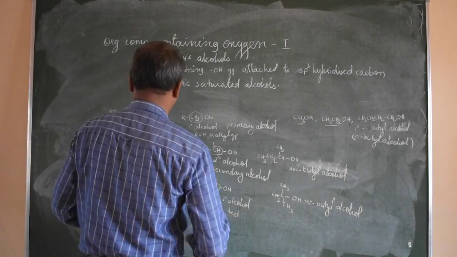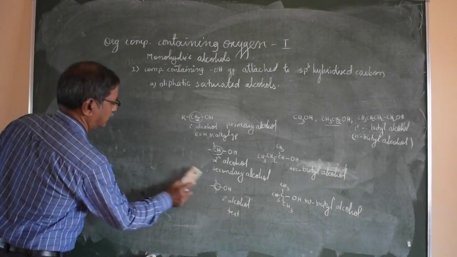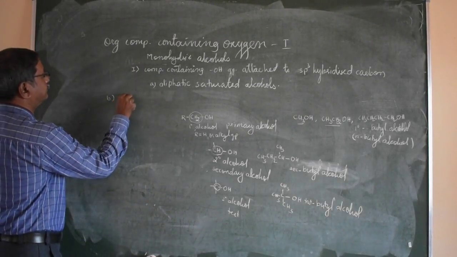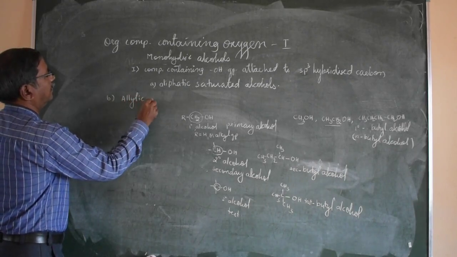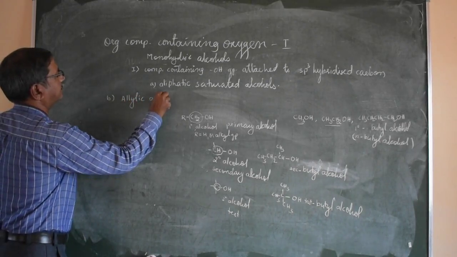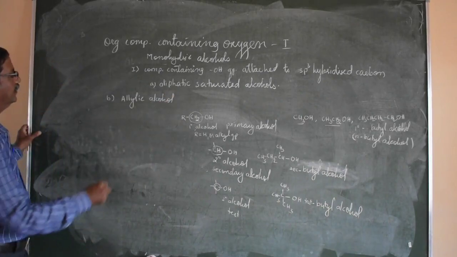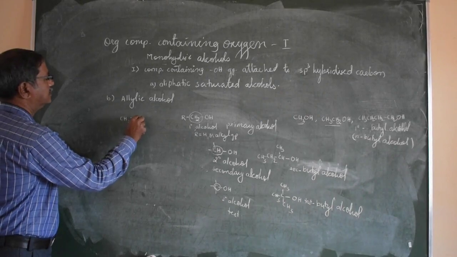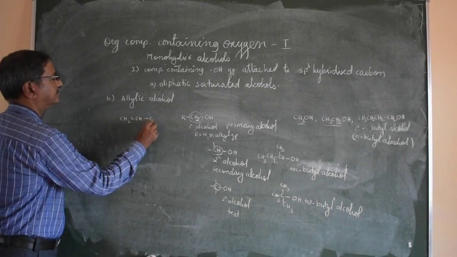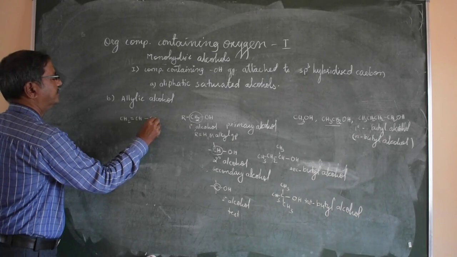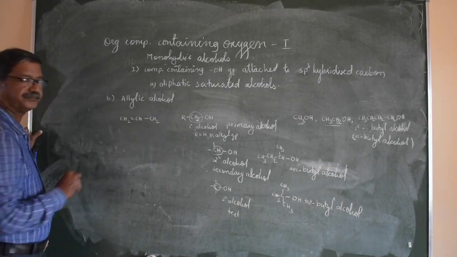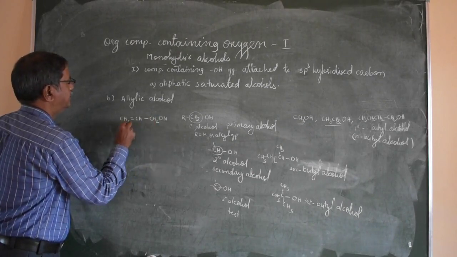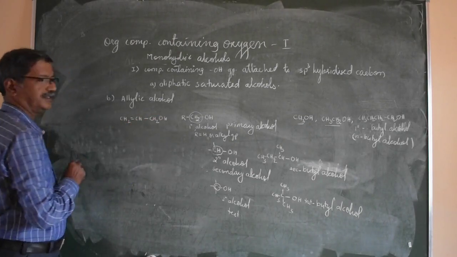Then second, it is allylic alcohol. As we know, this is called allylic: CH2 double bond CH, then this CH2 or some other group. So an example for allylic alcohol is CH2 double bond CH, CH2, OH.